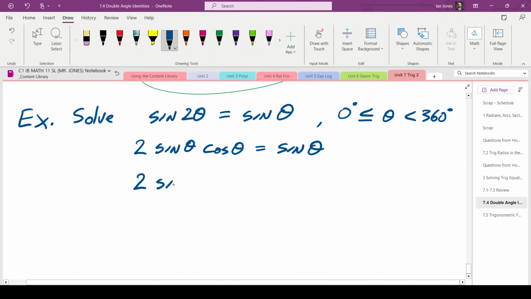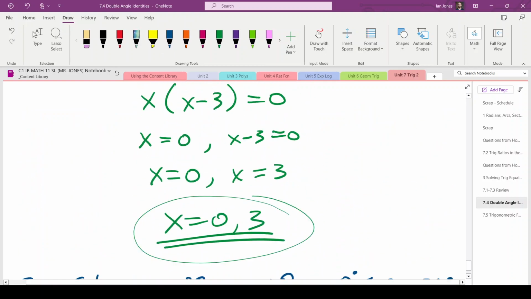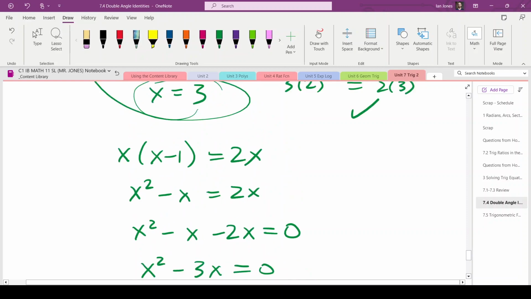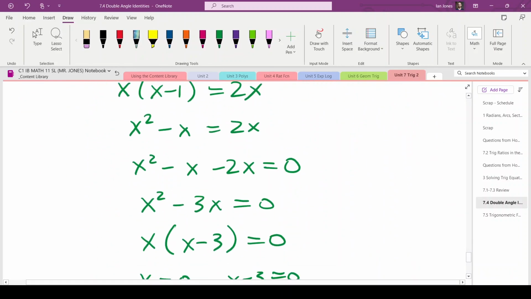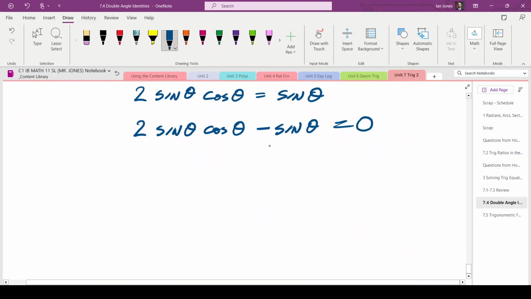So I have 2 sine theta cosine theta minus sine theta equals 0. I'm subtracting sine theta on both sides, setting it equal to 0, just like we do with polynomials. And now I can factor out a common factor of sine theta.